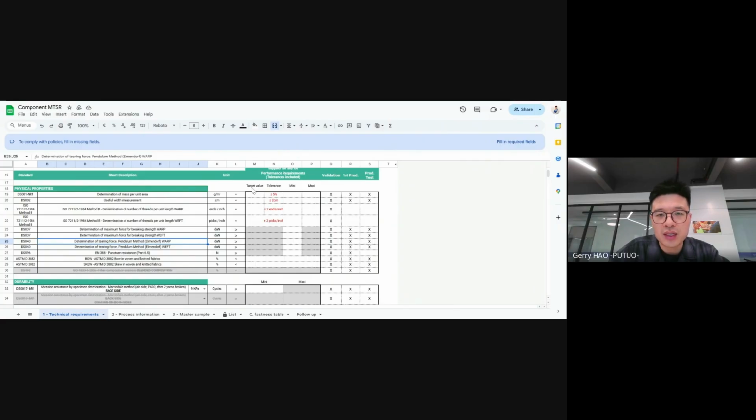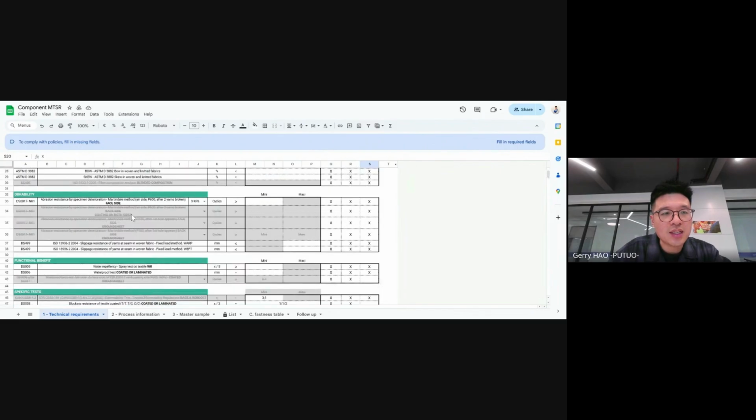You will find the minimum and the maximum requirements, and also the quality control frequency for validation, first production or production testing. The second section is durability, mainly about abrasion resistance and seam slippage.